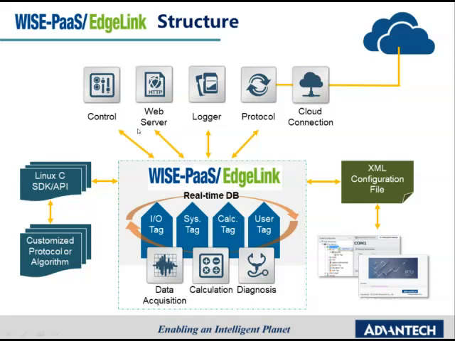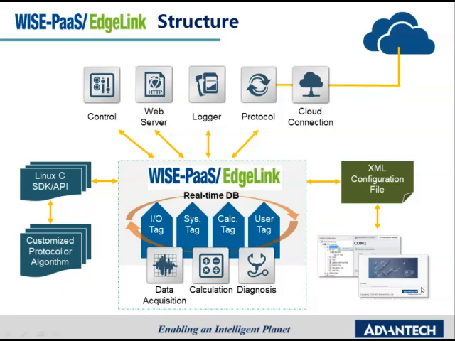Talking about EdgeLink structure, we could consider EdgeLink as a real-time database running inside Advantech 3600. Every feature such as calculation and system diagnostic actually interacts with this real-time database to access the data inside it or write the data into the database.